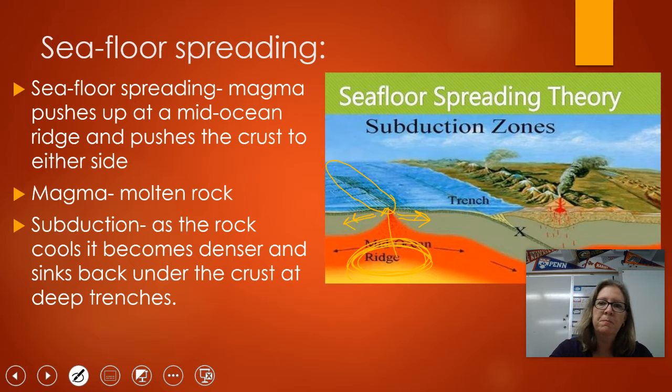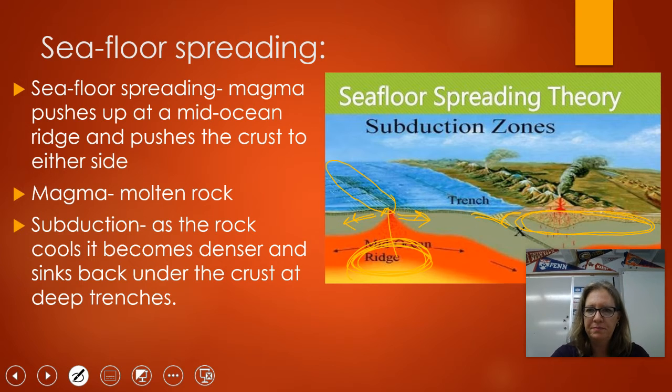So now we've got this trench, a deeper part that usually happens closer to the coastlines. As the rock cools down, it's getting more dense, and so it's going to push under another plate. So we have a piece of continental crust over here, and then we've got some of this oceanic crust.